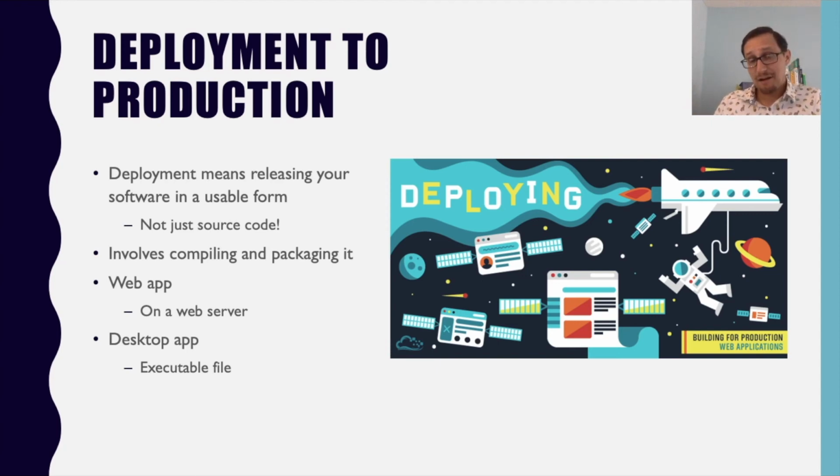Deployment for a desktop-based app just means compiling the code and making an executable file, right? So a package, a .jar file if you compile Java code, .exe if you're making something in Windows, something along those lines, right?